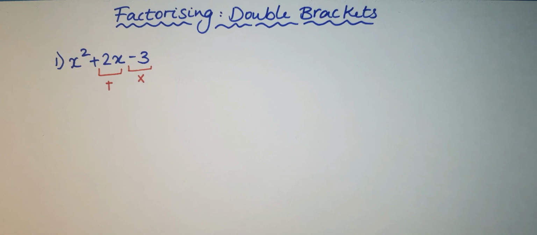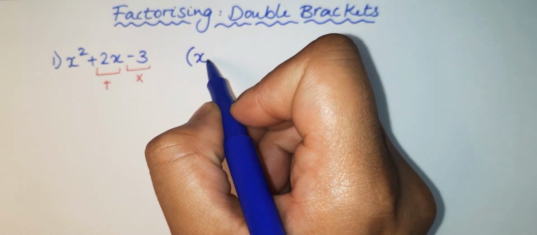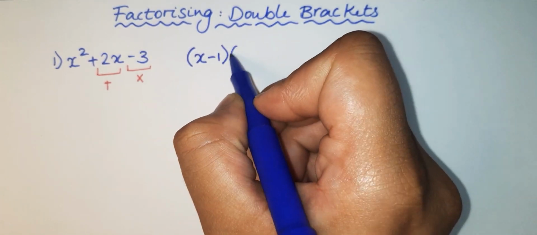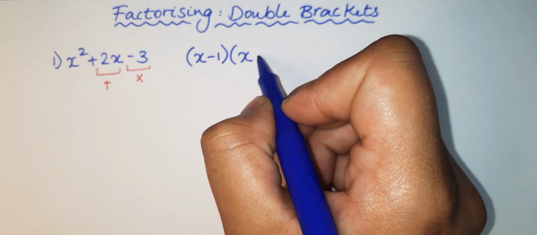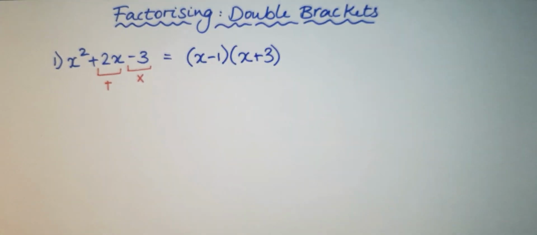So what we do is we write it in this form. We write x minus 1 and we write x plus 3. So when we factorize, that is what we get.